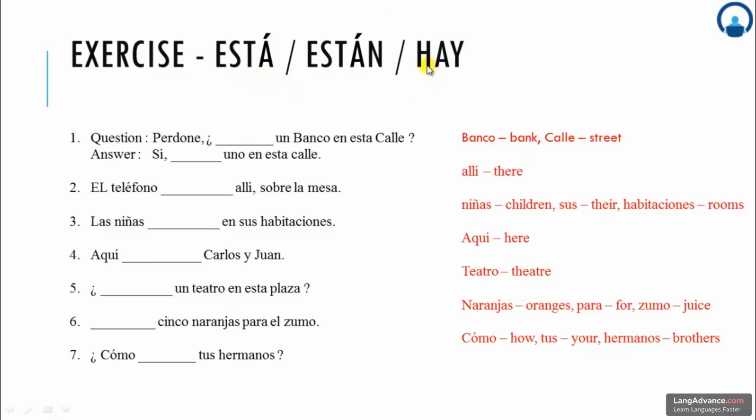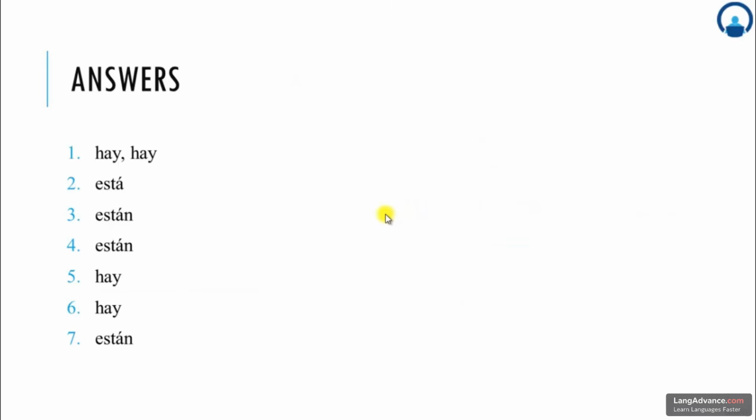All the new words with their meanings have been written on the right hand side in red color so that you get what the meaning of the statement is. And after solving this exercise, you can check your answers over here. I have written down the blanks which are there in the exercises. You can check this with your answers.